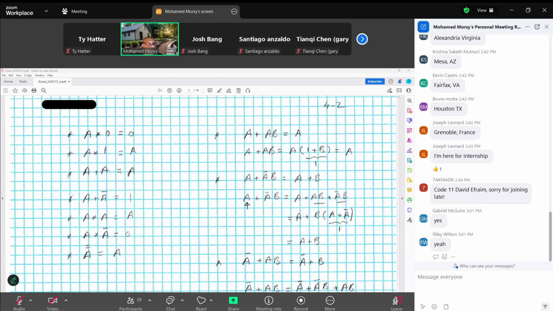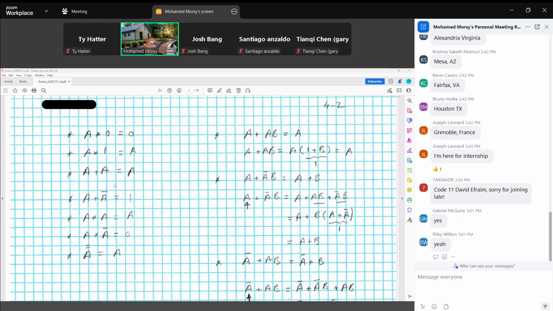So this is important: A plus A is A. It means if you have a repeated term in the Boolean expression, you just consider one term and skip the others. So A plus A plus A plus A, whatever the length of the repetition, all of this just equals A.